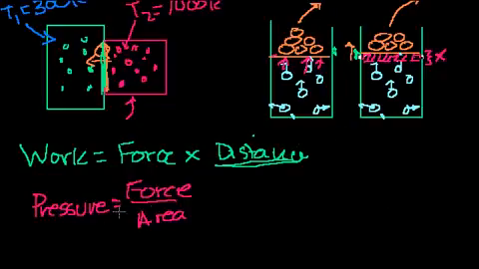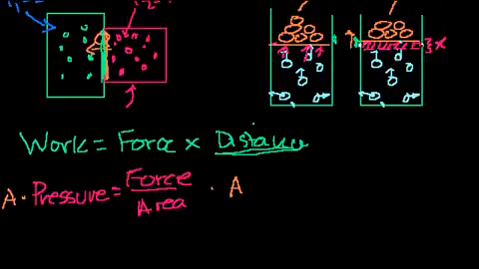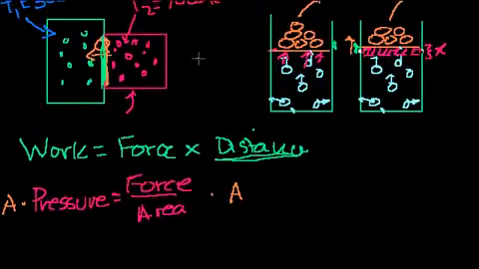Right? So what is the force that pushed it up? Well, we know pressure is force per area. So if we want to know the force, we have to multiply pressure times area. If we multiply both sides of this times area, we get force. So we're essentially saying the area of this little ceiling of this container right there. I could draw it with some depth, but I think you know what I'm talking about.